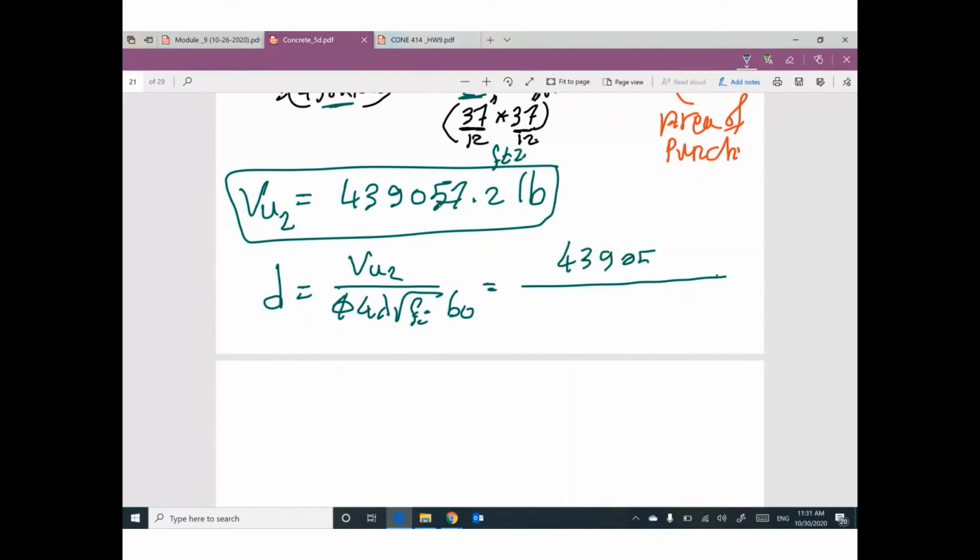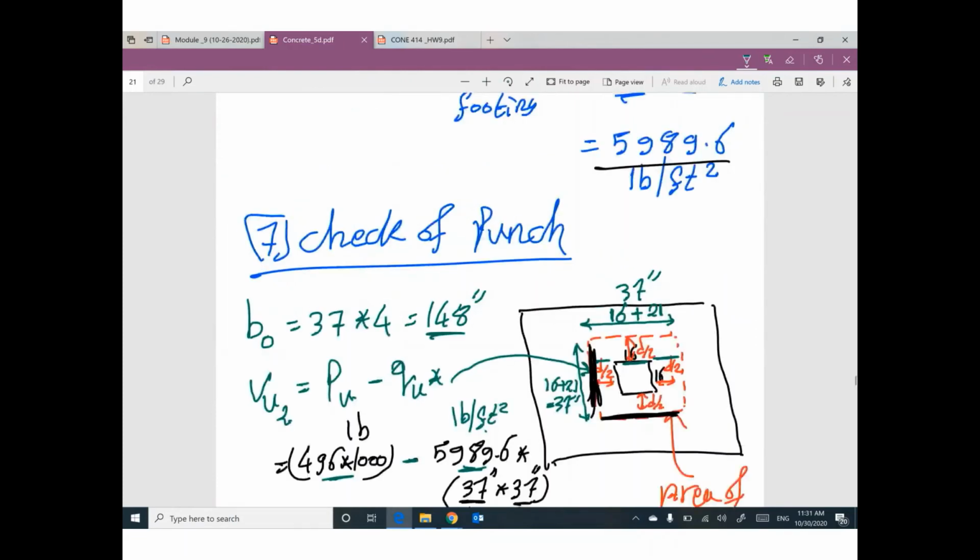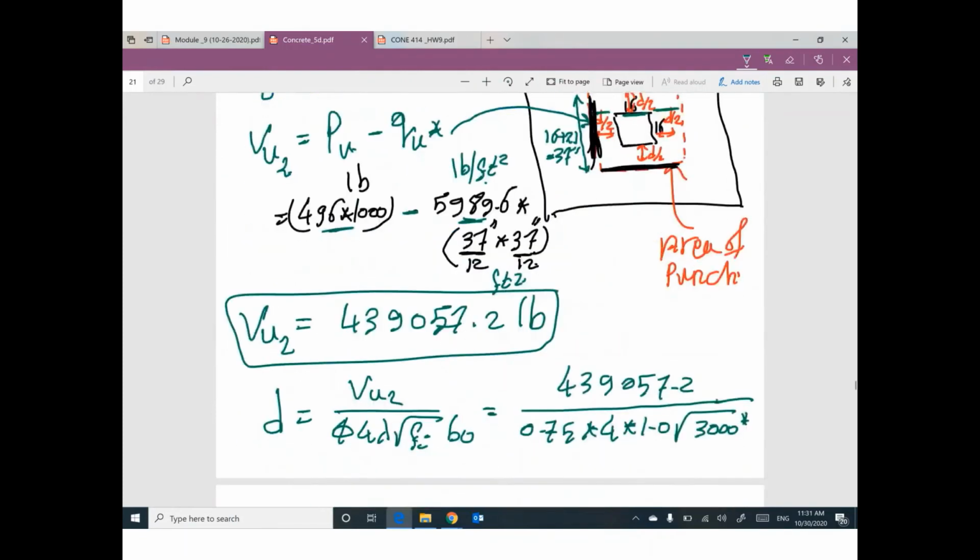V ultimate 2, phi 0.75, 4 lambda is 1, square root of 3000, times B naught, the perimeter of this area, 148. Make sure 148 is outside the square root.